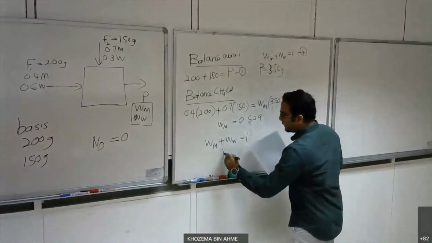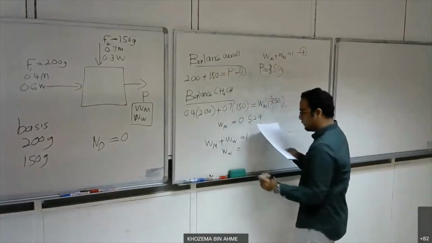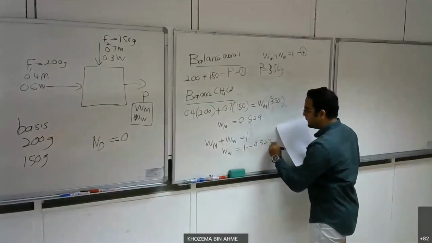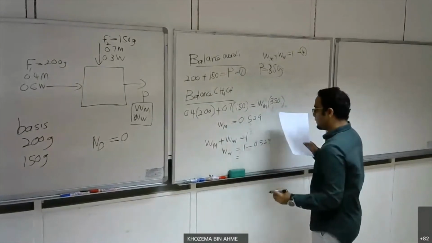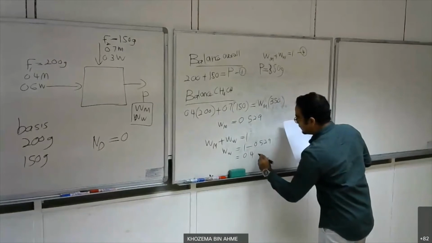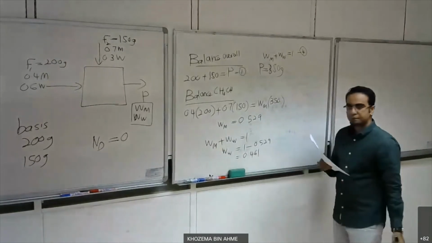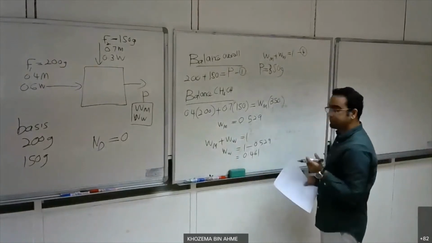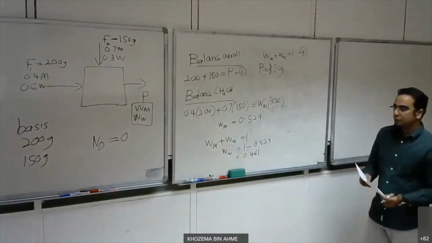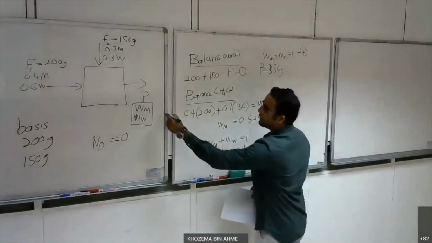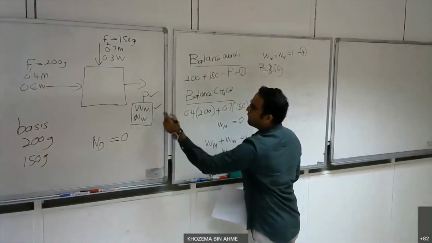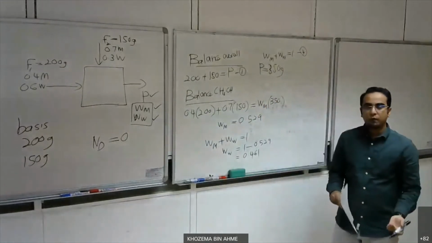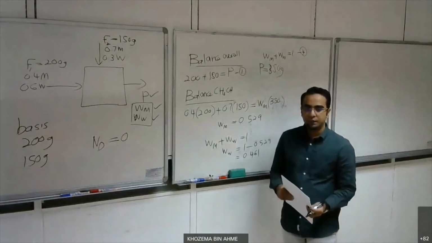So my W water is going to be equal to 1 minus 0.53, equal to 0.47. Okay. So this is my final answer. I've gotten the value of P, I've gotten the value of Wm, and I've gotten the value of W water. So that is how to solve for example number 2.